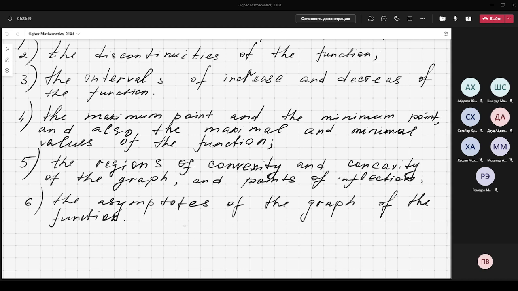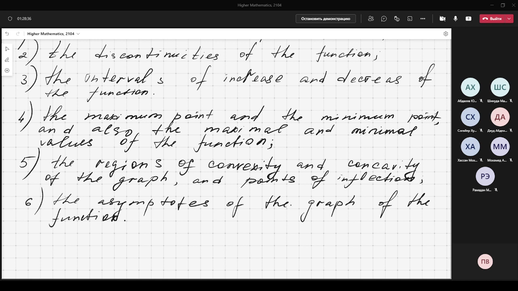The graph of the function is constructed on the basis of such an investigation. It is sometimes wise to plot elements of the graph in the very process of investigation.